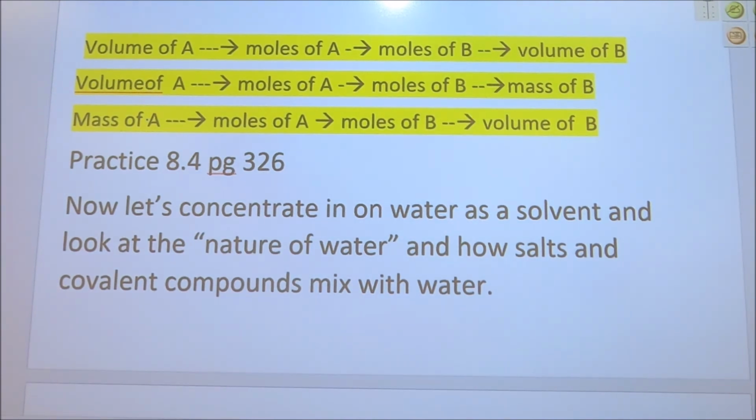Actually, the follow-up problem is on 326. So flip over to 326 and we look at the problem.